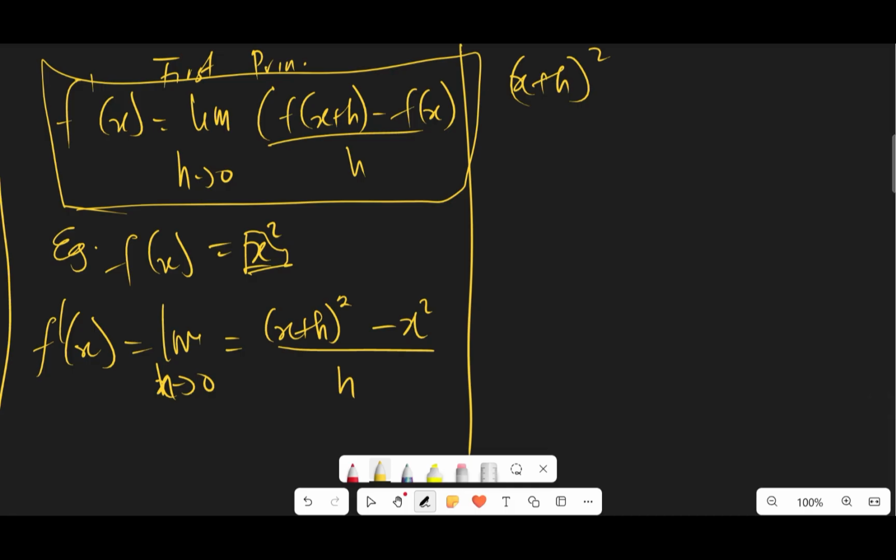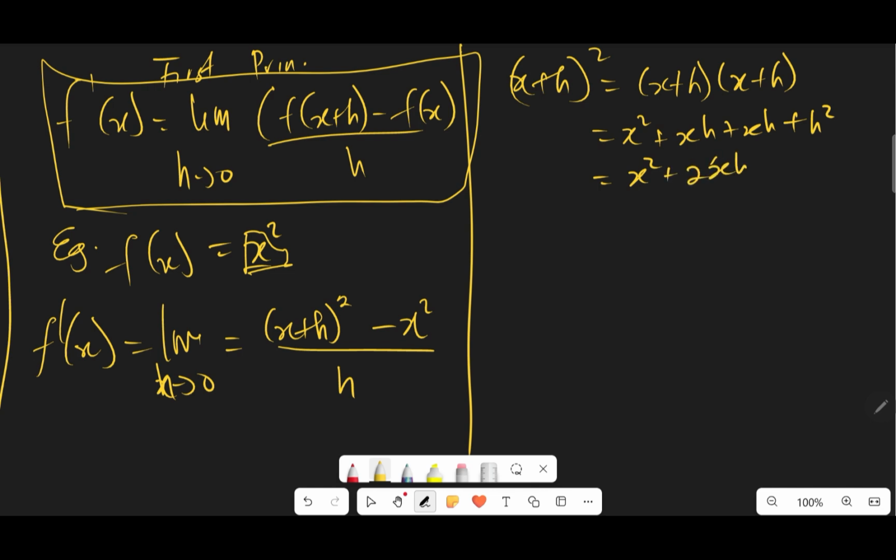We get x plus h and another x plus h. Simplifying, we get x squared plus xh plus another xh plus h squared, which is x squared plus 2xh plus h squared. This is the simplification of x plus h all squared.